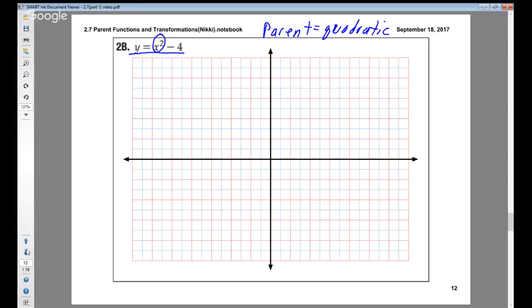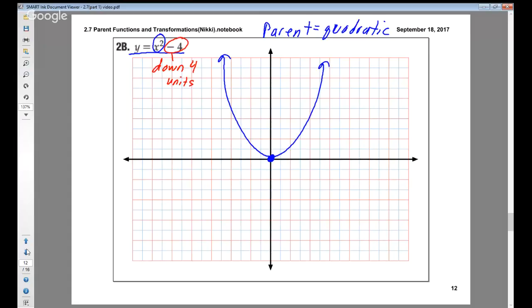So let's go ahead and draw the parent function. We'll start at the origin, and the quadratic has a U-shaped curve. And now the child function, we see here that we're subtracting, which means we're going to go down, and the 4 tells us that we're going to go down 4 units.